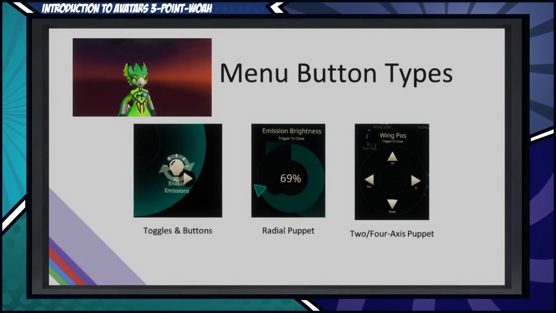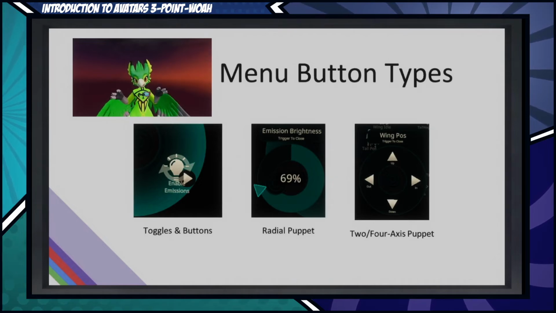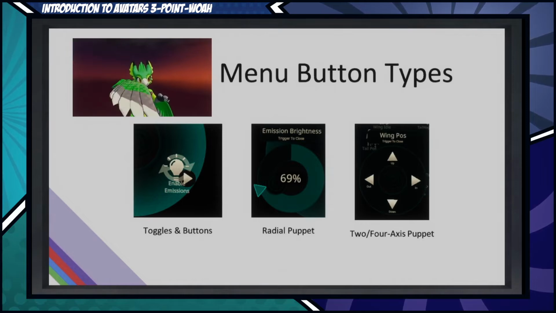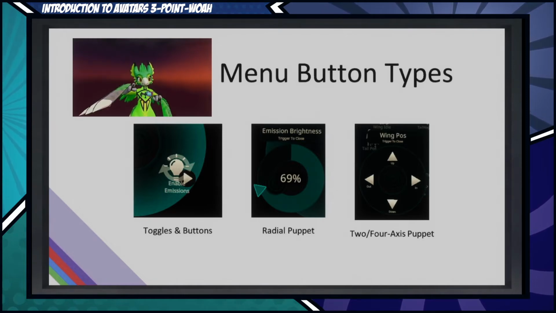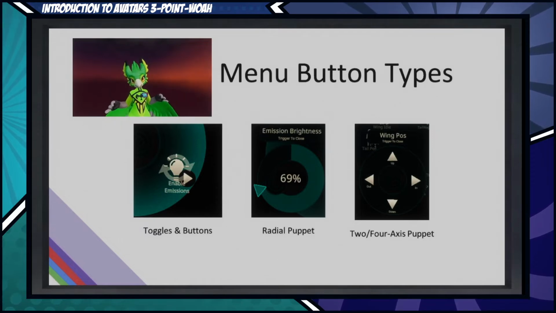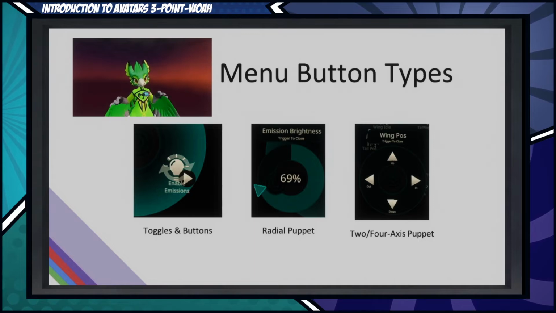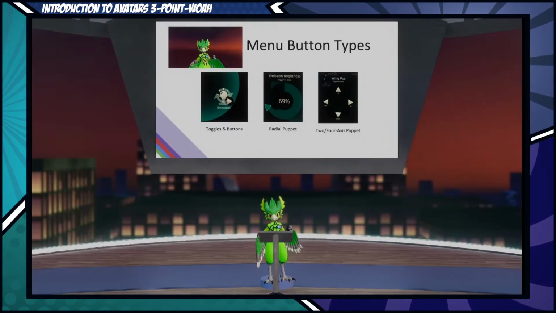The other 3 are the puppets: the radial, the 2-axis, and the 4-axis puppets. Radial puppets are the circular slider control. Manipulates just a single float parameter from 0 to 1. And then the 2-axis and 4-axis puppets are very similar looking controls. That's the third one over there.